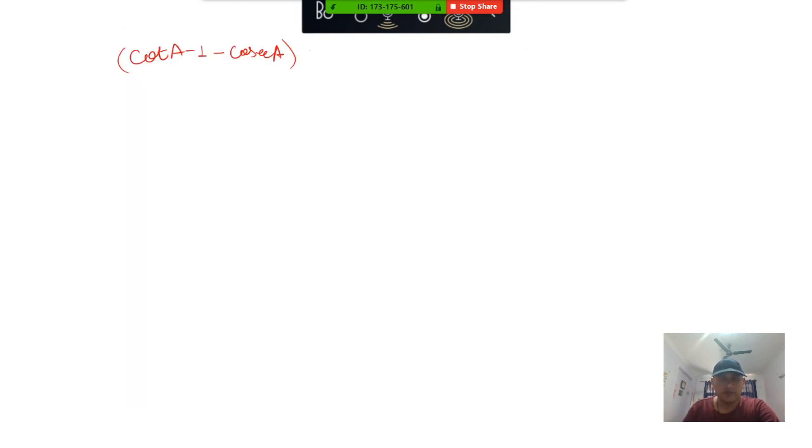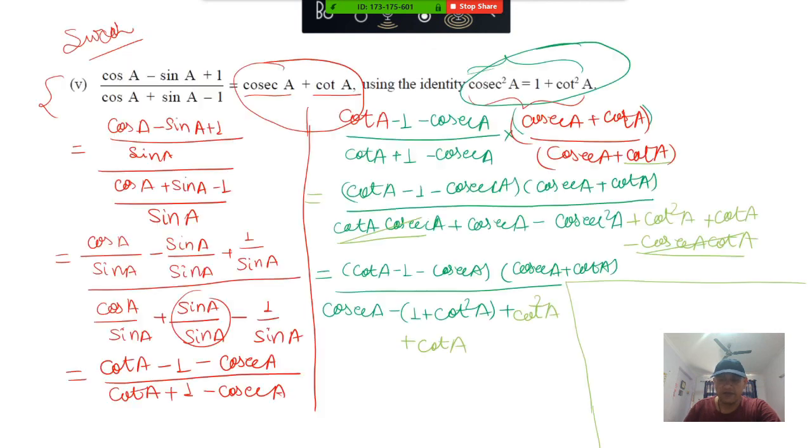So in the multiplication we have cosec A plus cot A, and in the denominator we have cosec A. And if you observe, this will be negative cot square and this will be positive cot square, that gets cancelled, and the term remaining is this term.